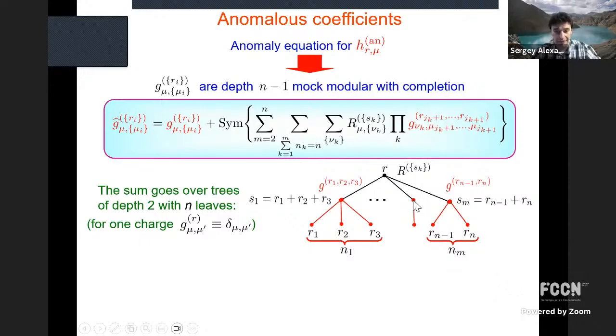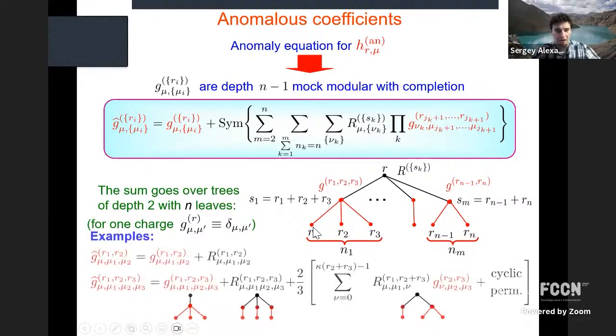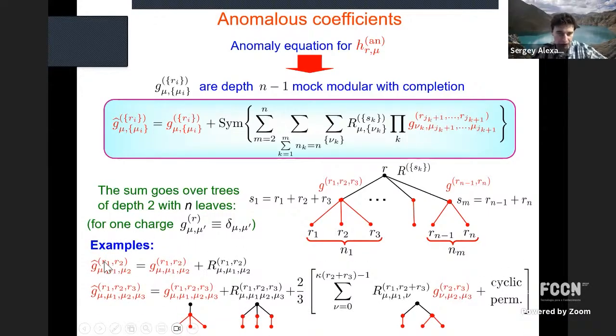Let me give you examples of the anomaly equations which appear for our anomalous coefficients. For two charges, R1 and R2, this is a very simple equation. For three charges, there are three possible trees which we can consider. This tree corresponds to this term.